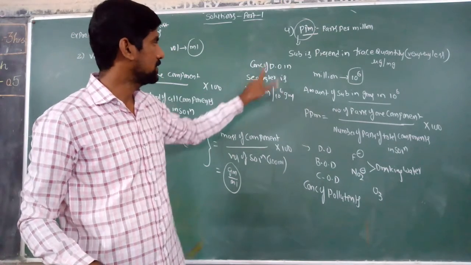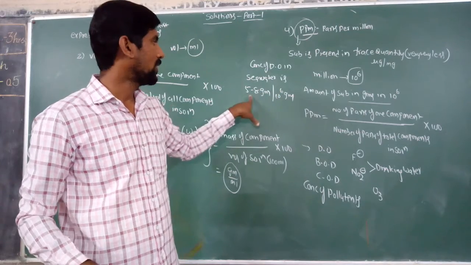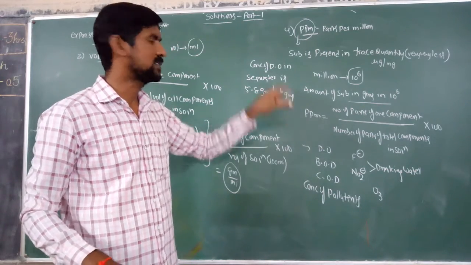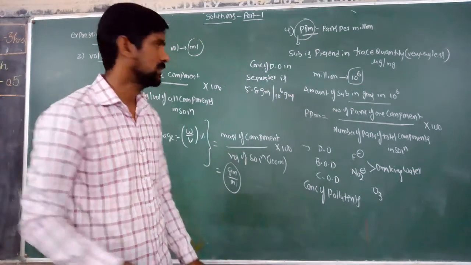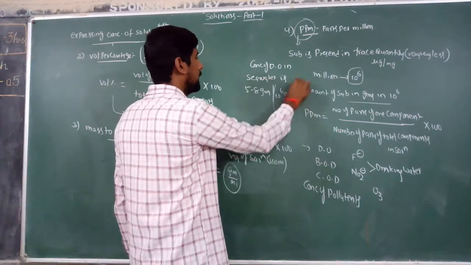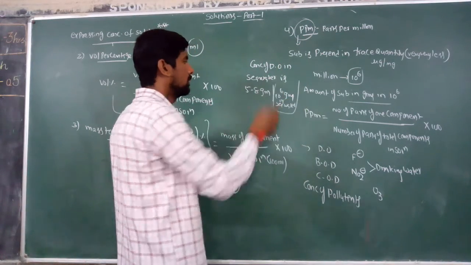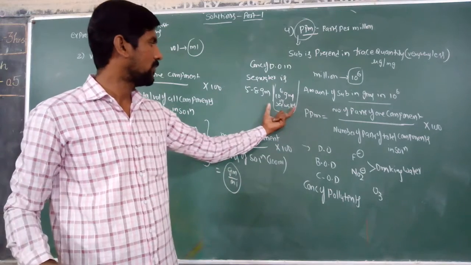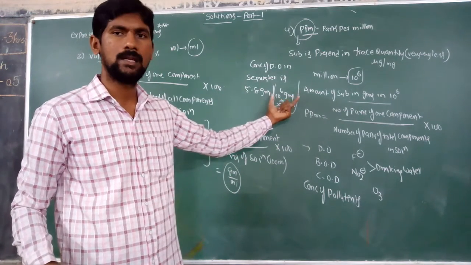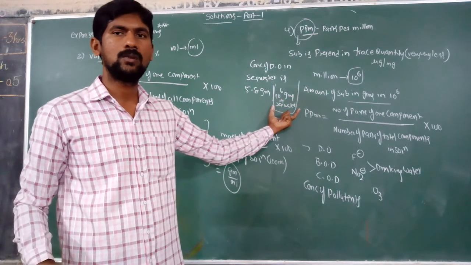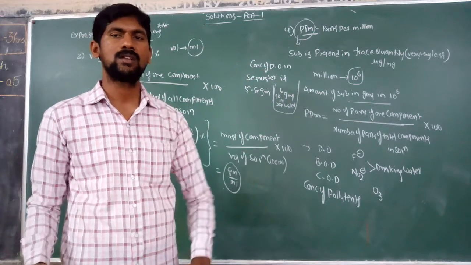If you take the sample, 10 power 6 gram of seawater, at a million grams, 10 power 6 means million, in this million gram of seawater, how much concentration of dissolved oxygen?